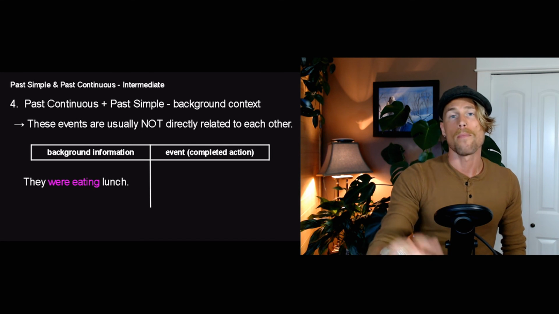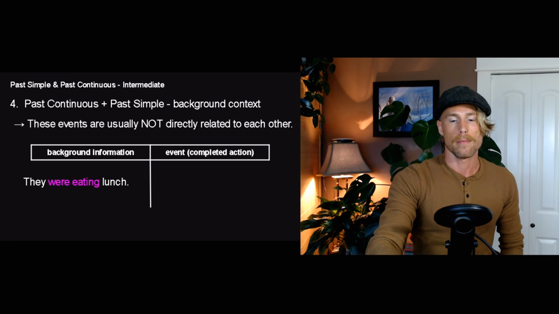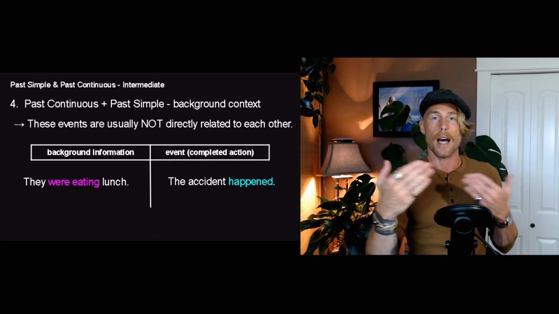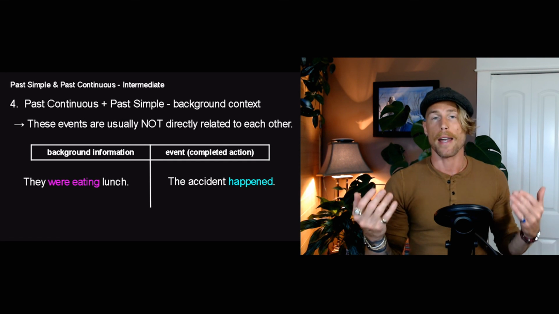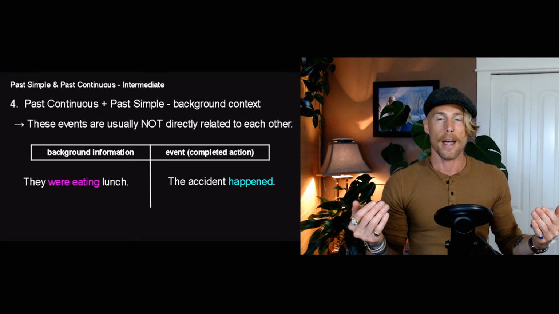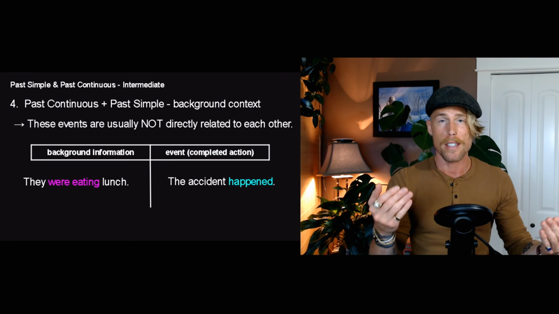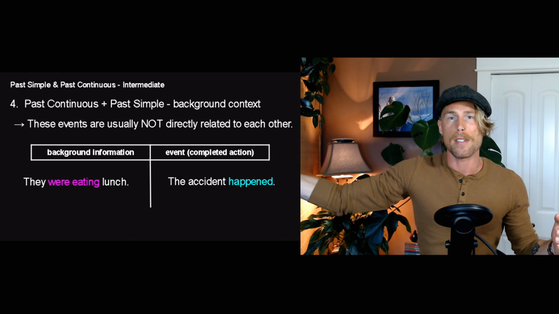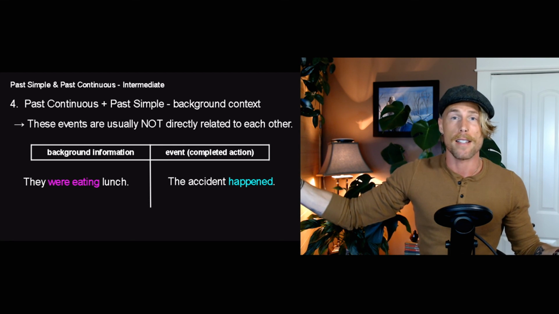For example, they were eating lunch. The accident happened. Imagine you and I are eating lunch at a restaurant and we are having a good conversation. We are enjoying our food and outside there's a car accident.